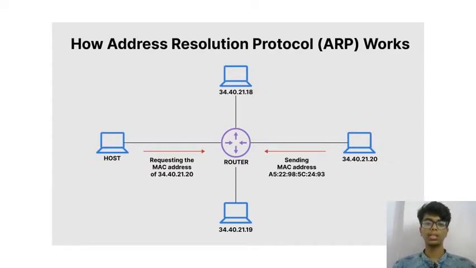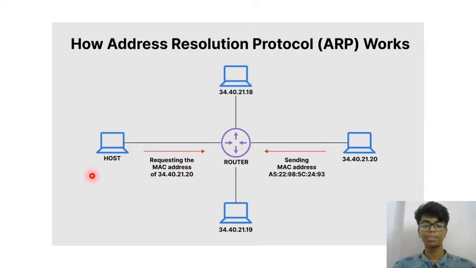So how does Address Resolution Protocol work? There is a router between n number of computers, each with a particular address. There is a host computer and another computer which is sending a media access control address.